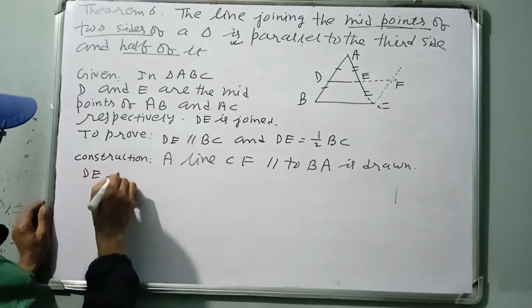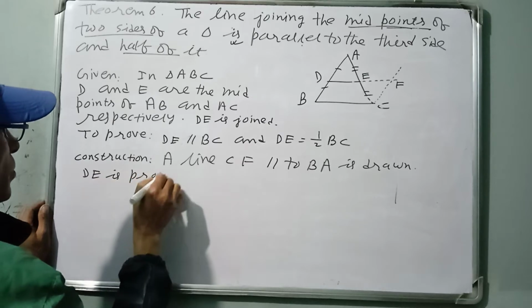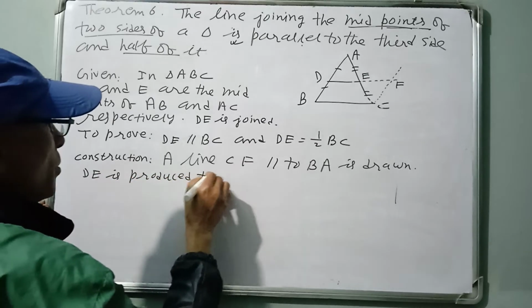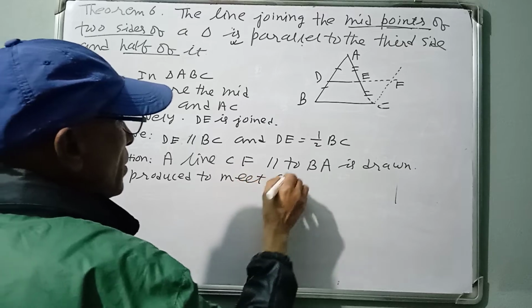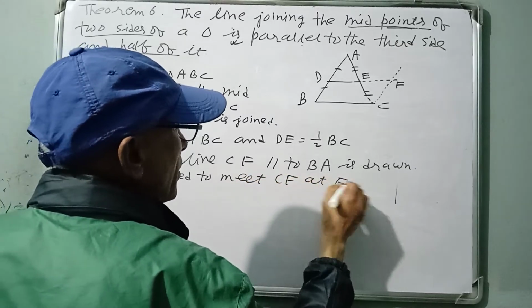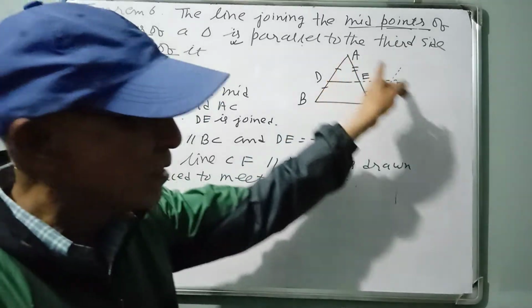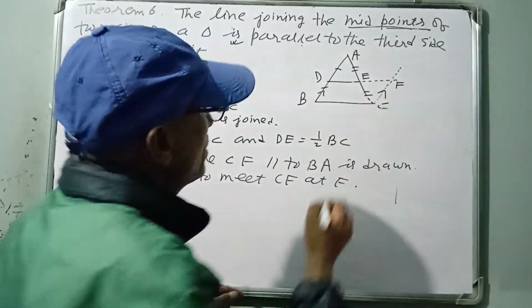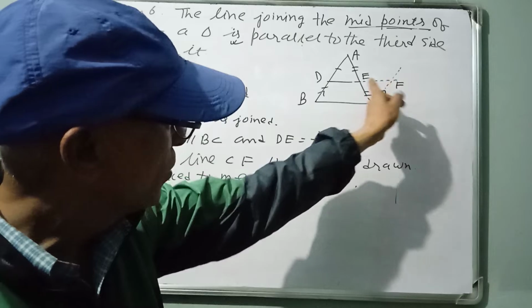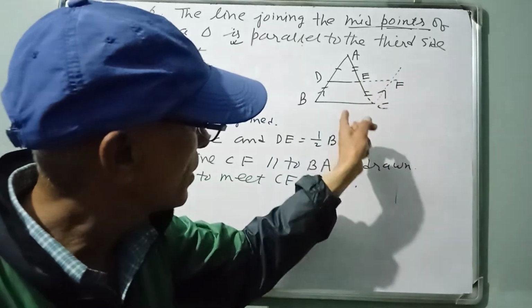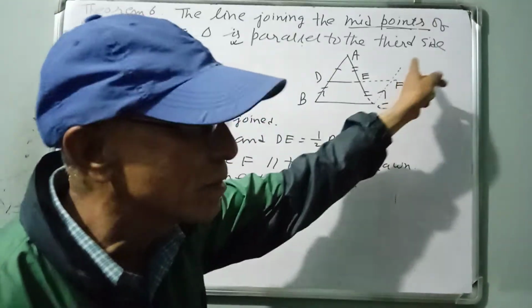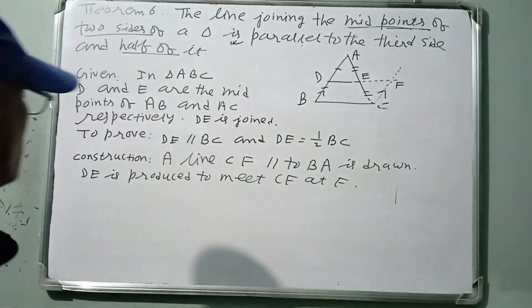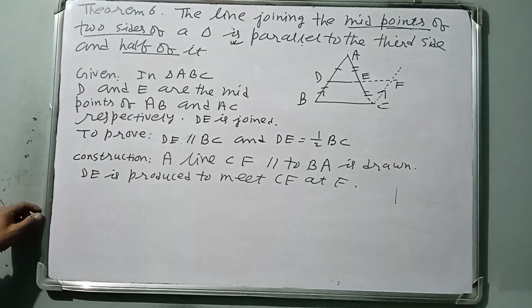DE is produced to meet CF at F. BA is parallel to CF by construction. Then DE is produced to F so that DE produced and CF meet at the point F. Construction.